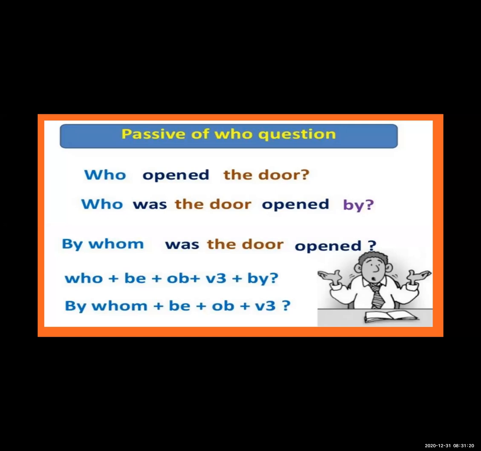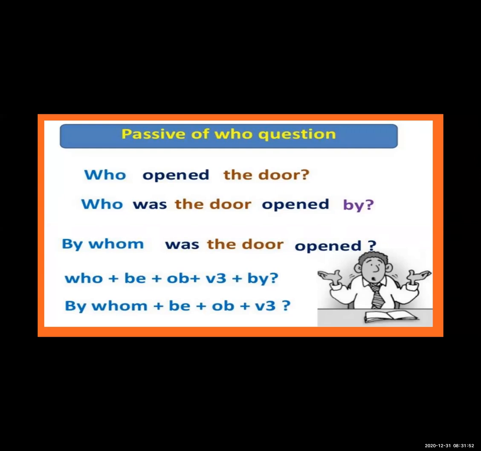Now because who WH question sentence it is there, we are using by and nothing after that, and we are simply adding question mark. And the next form, how it will be there, by whom. When you have to omit WH, means who, at that time you have to add by whom and simply nothing else.